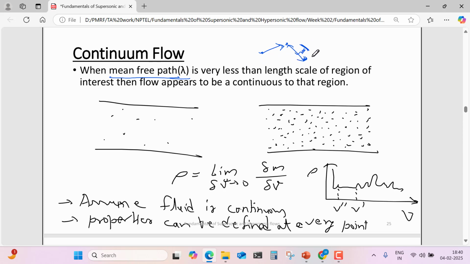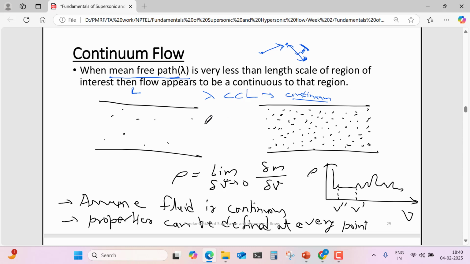If this mean free path is very less than length scale of the flow or body, there is some body, then lambda is very less than L, then it is called continuum. Then we apply the continuum hypothesis.